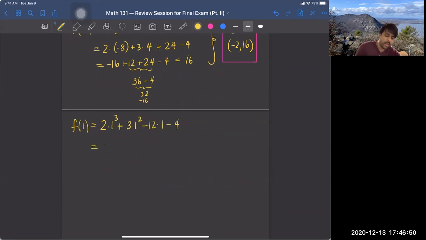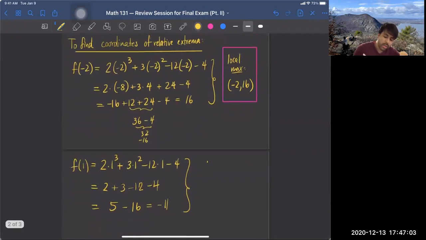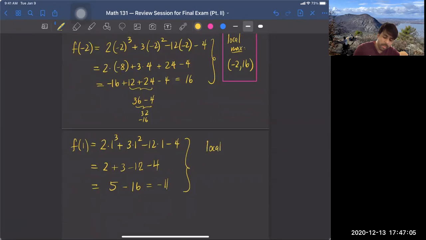So I'm really just adding these numbers. 2 plus 3, subtract 12, minus 4, and I get what? 5 minus 16, which is negative 11. So the coordinates of the local minimum are 1 comma negative 11.